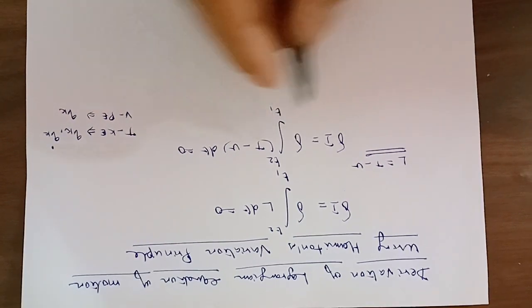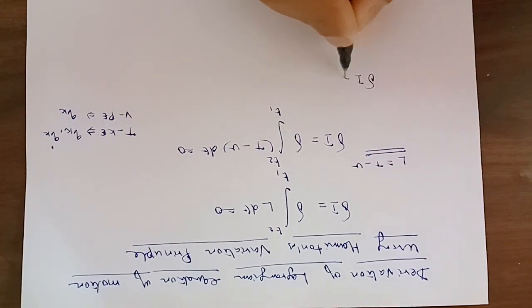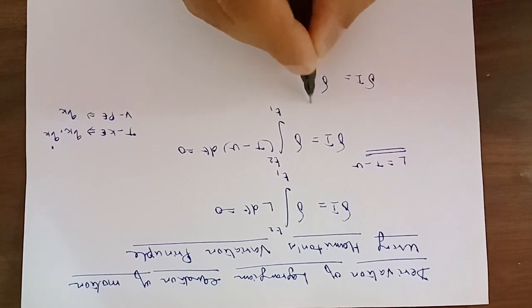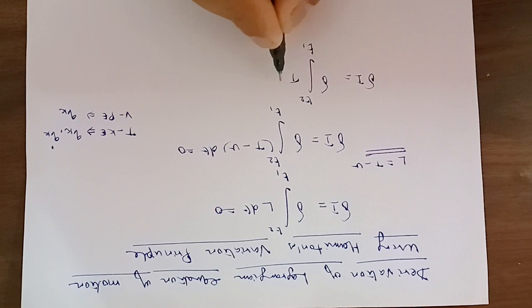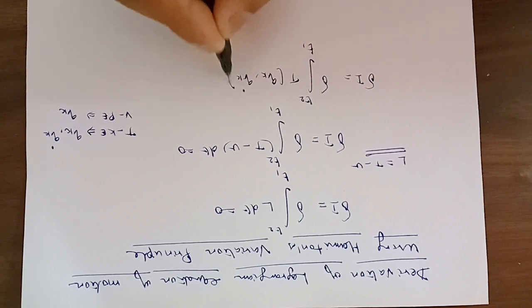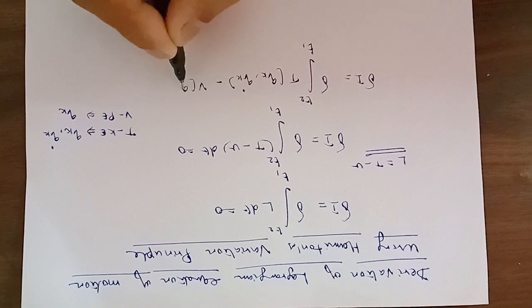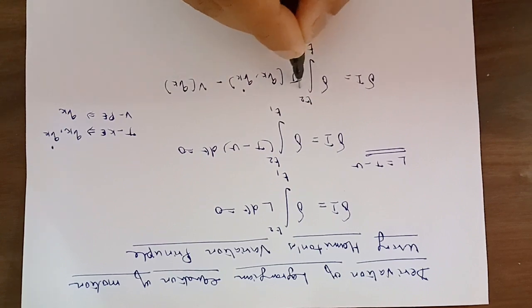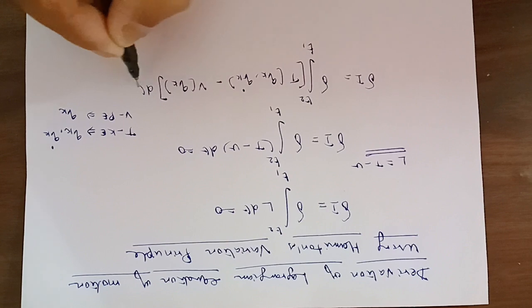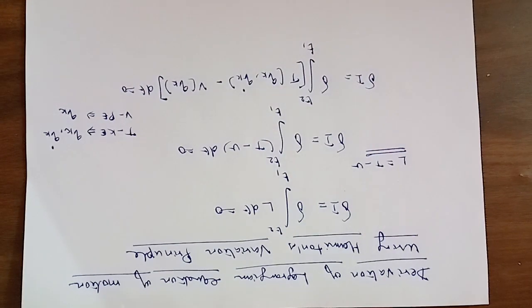So in the place of T, we may write the above equation as integral t1 to t2 of (T as a function of qk dot minus V as a function of qk) dt equal to 0.